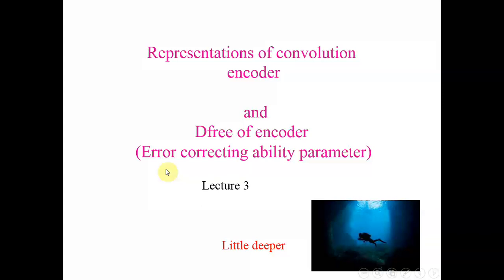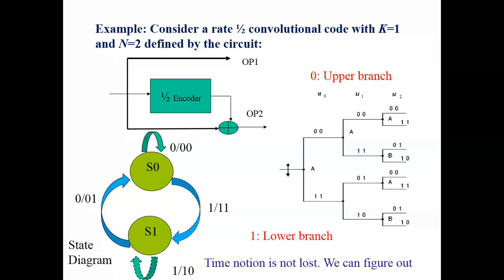So in the last video we started discussion on representations of convolutional encoder. So let's continue with that particular topic. Just a quick revision: you have a 1/2 convolution encoder. This encoder we have taken for example, and we have gone through two types of representations. One is state diagram and second is code tree representation.